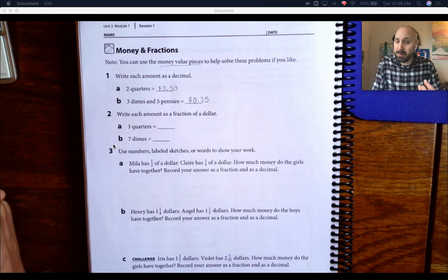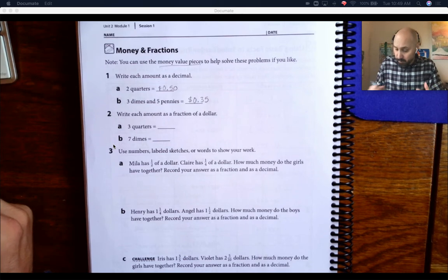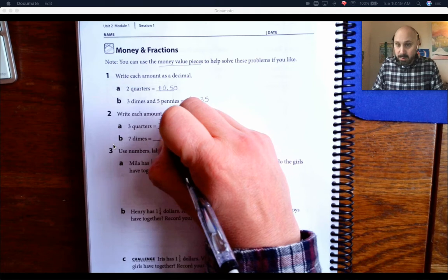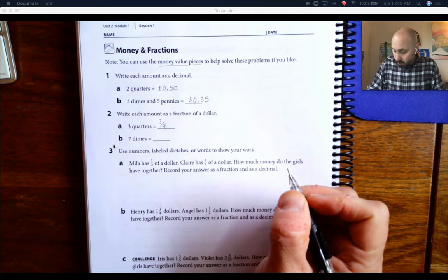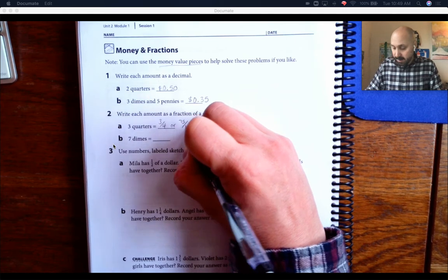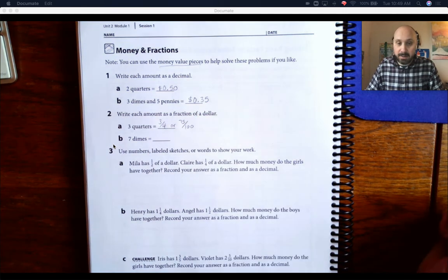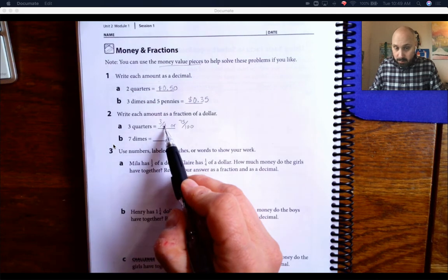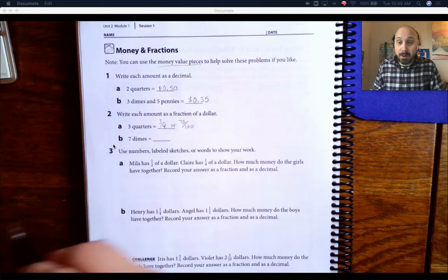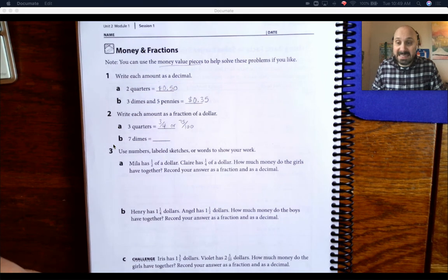So did you hear how I said 3/4 of a dollar? So 3/4 we could write as 3/4 of a dollar, or I said 75 cents, so we could also write it as 75 hundredths. So 3/4 is 3/4, or 75 hundredths is 75 cents, because remember, there's 100 cents in a dollar.